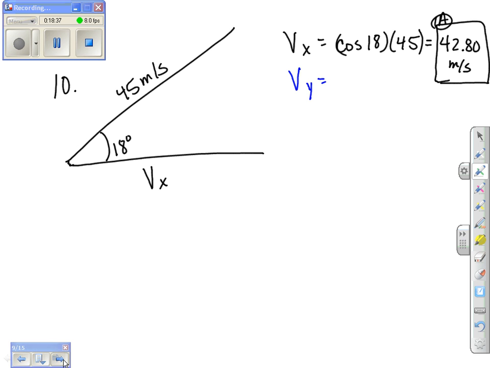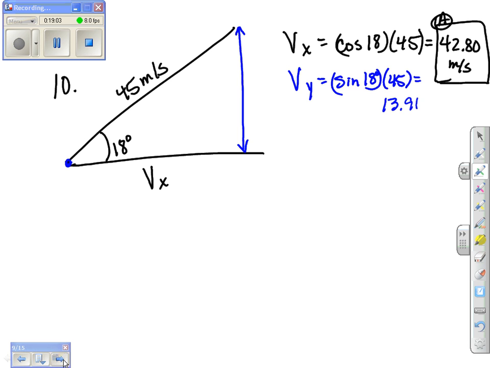And it says on here that they want you to solve for the initial Vy. Well, remember that initial can be here or it could be your final, depending on whether you want to talk about beginning or ending trip. The Vy is the velocity that you're going to go up or down with. So we're going to take the sine of 18 times 45, and we're going to get the answer of 13.91 meters per second. Okay, so that is B.